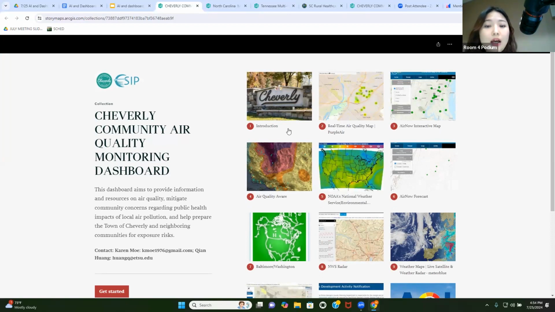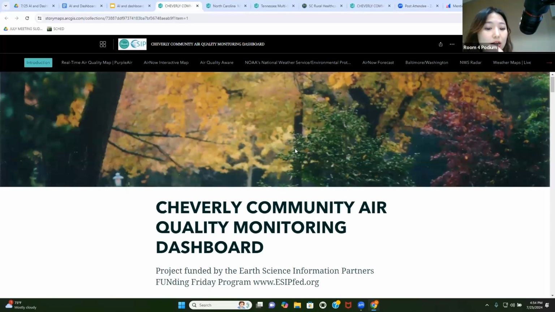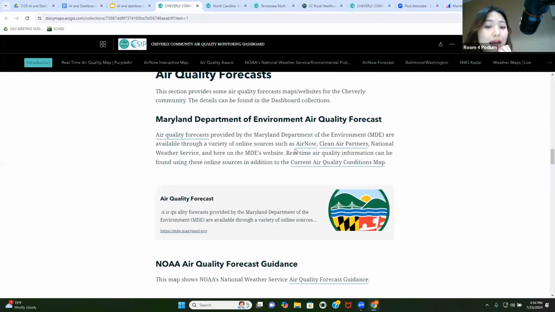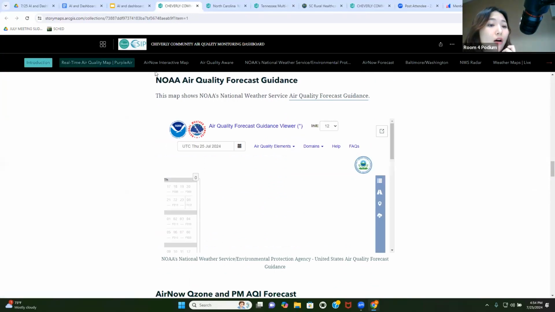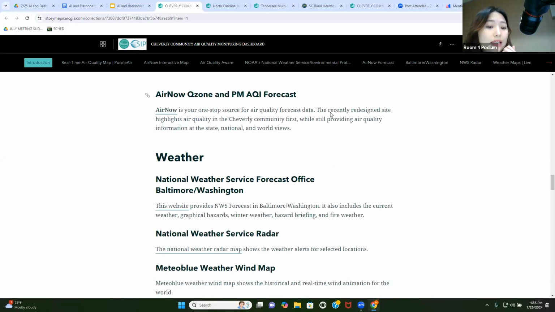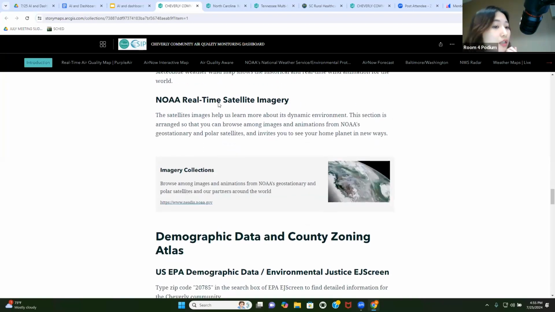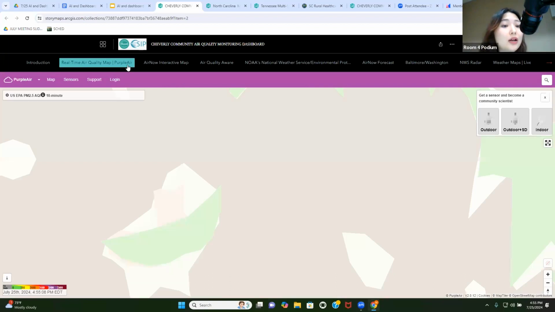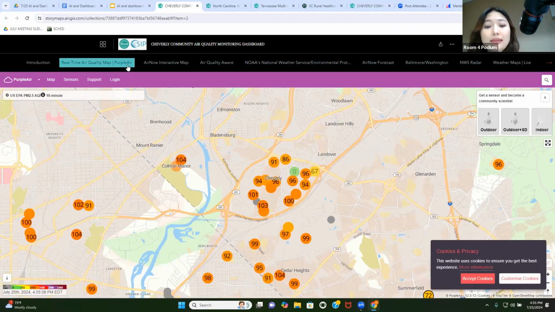And in this one, we have an introduction about what this project is about, and then we have all the data from NOAA, EPA, and we have additional information. And we also have a real-time air quality map from Purple Air that keeps tracking.